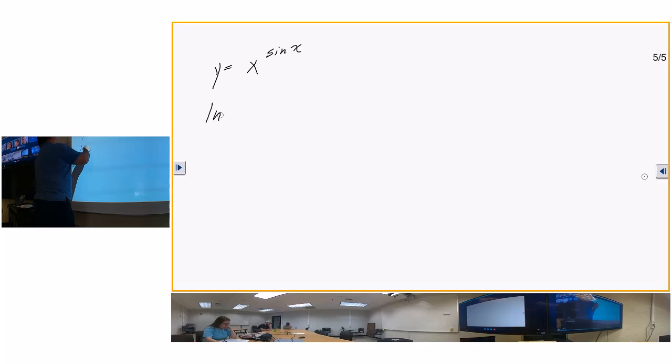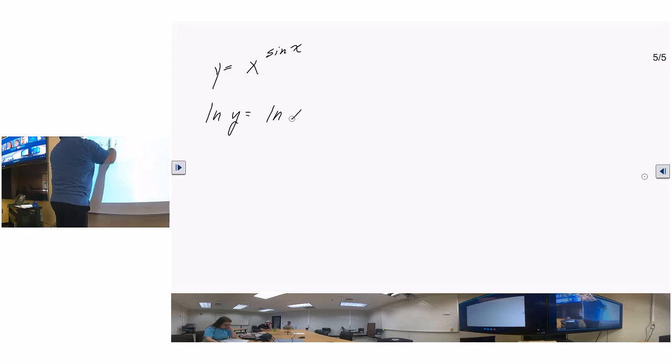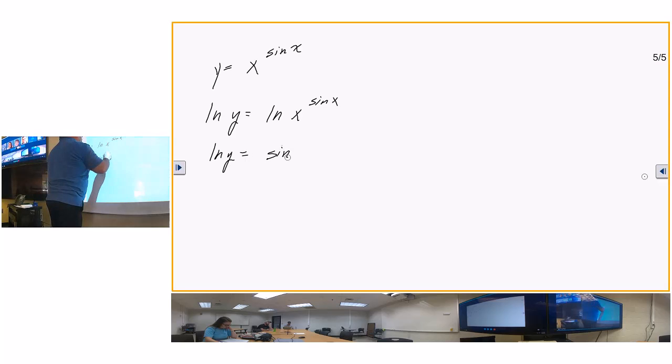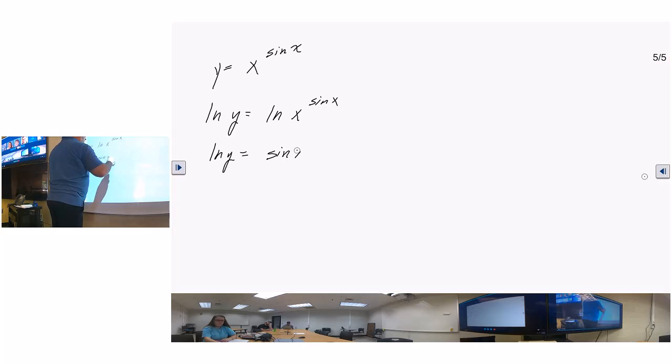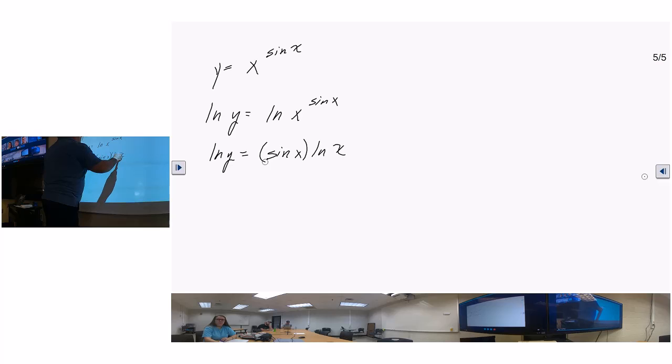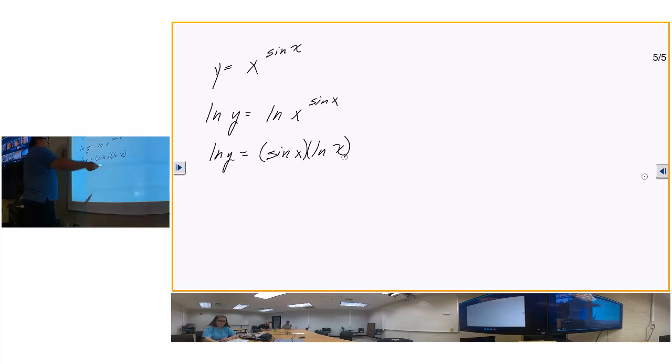So take the natural log of both sides. Natural log of y is equal to natural log of x to the sine of x. Natural log of y is equal to the sine of x times the natural log of x. And now you've got basically product rule there.